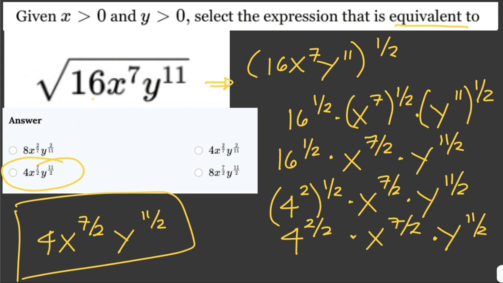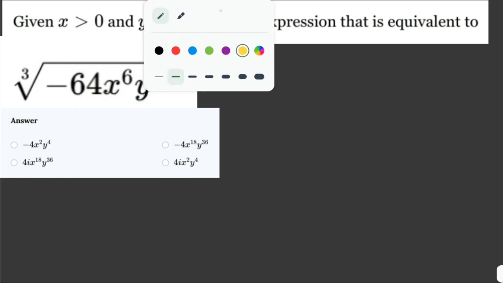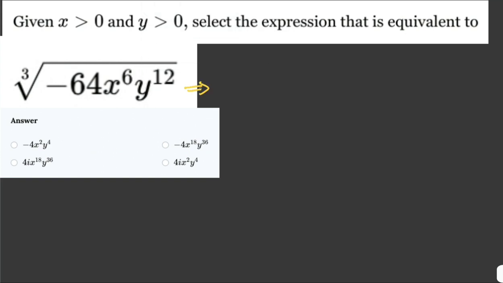Alright, let's solve another one. Given x greater than 0 and y greater than 0, select the expression that is equivalent to the cube root of negative 64x to the 6th, y to the 12th. So let's rewrite this into its exponential form. Take note here that the index is equal to 3, that is cube, so that means we raise the radicand to 1/3.